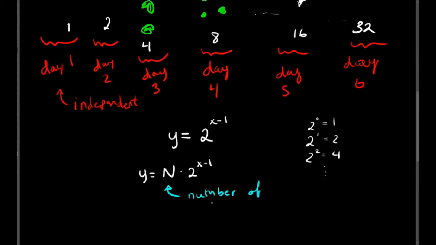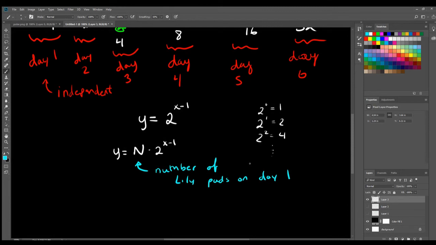And then more generically, I can write this as y is equal to n times 2 to the x minus 1 power, where n is the number of lily pads that I'm starting with, so the number on day 1. In this case, it's just 1, so it doesn't really do anything. But if I wanted to model something where I'm starting with 4 lily pads or 8 lily pads, then I can just use this equation and plug that in for n.